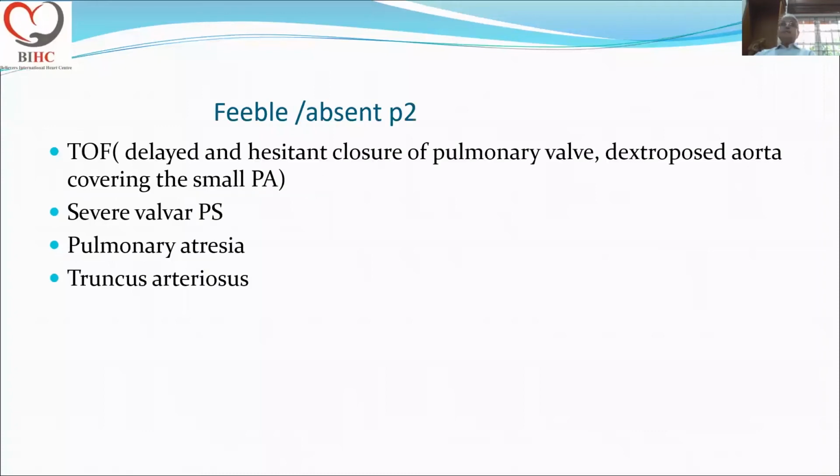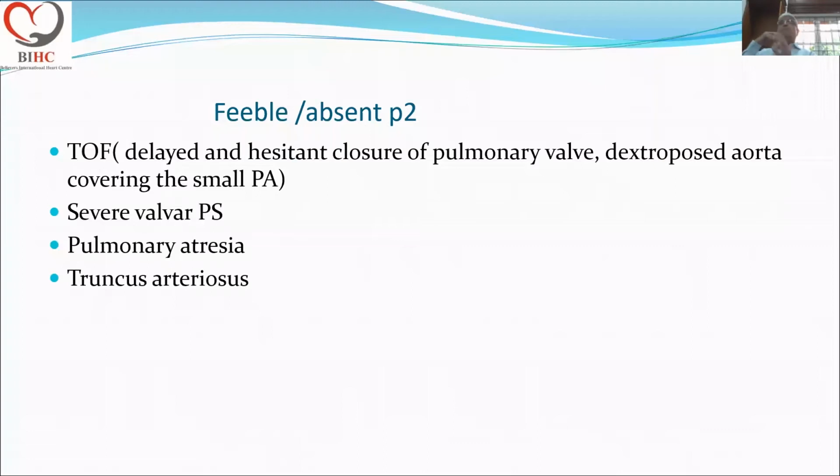At the other extreme, a feeble or absent P2 is also a feature of important diseases. In tetralogy, the P2 is characteristically feeble or absent. This is because the pulmonary valve doesn't close in a smart way in tetralogy fellow.